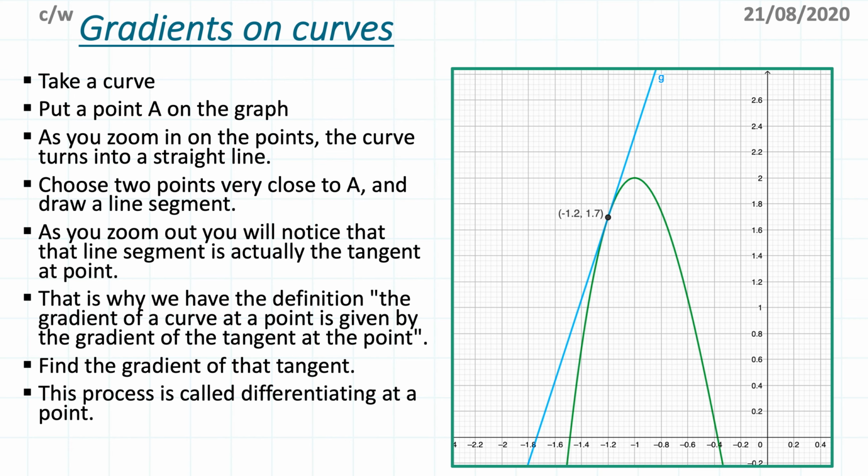So a bit of a long process, and it seems a bit weird. Do I have to repeat this step every single time whenever I want to find the gradient at every single point? The main thing you need to take from this is that differentiation is basically taking the gradient of this tangent. But how do we find this tangent? You don't have to go through this process.